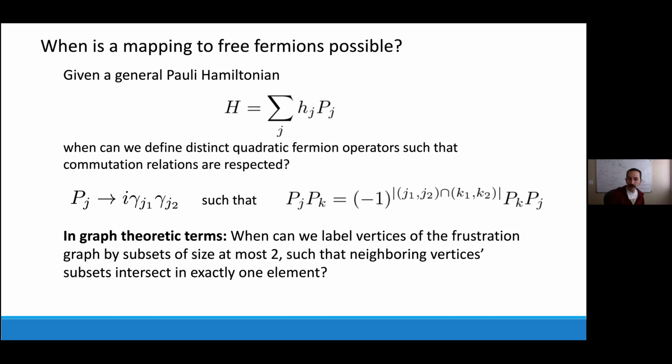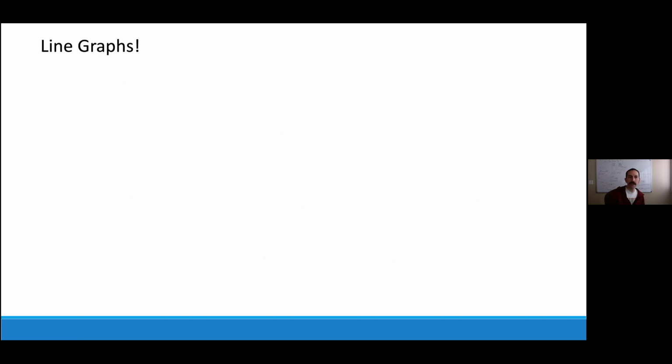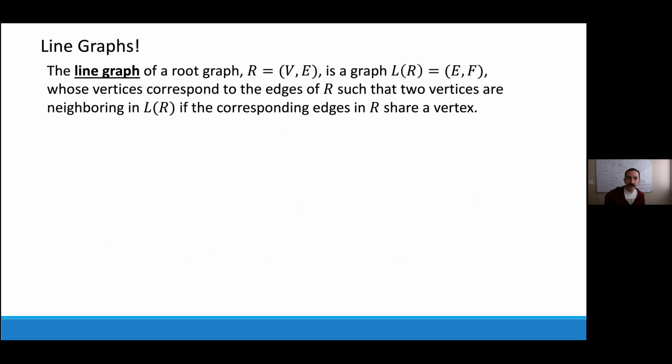In graph-theoretic terms, what this is asking for is the following. When can we label the vertices of a frustration graph by subsets of size at most 2, such that neighboring vertices' subsets intersect in exactly one element? That's maybe a little bit hard to parse, but the answer is well known. It's called line graphs.